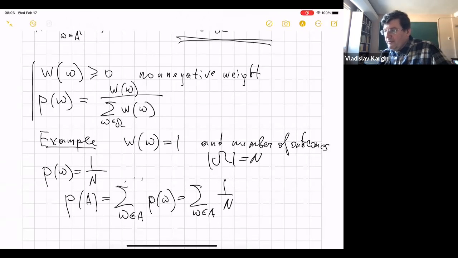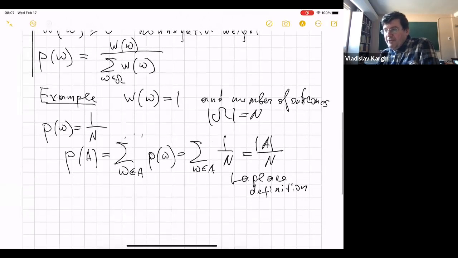The number of elements in the sum gives the number of outcomes in A, divided by n. And so this is the Laplace definition of probability.